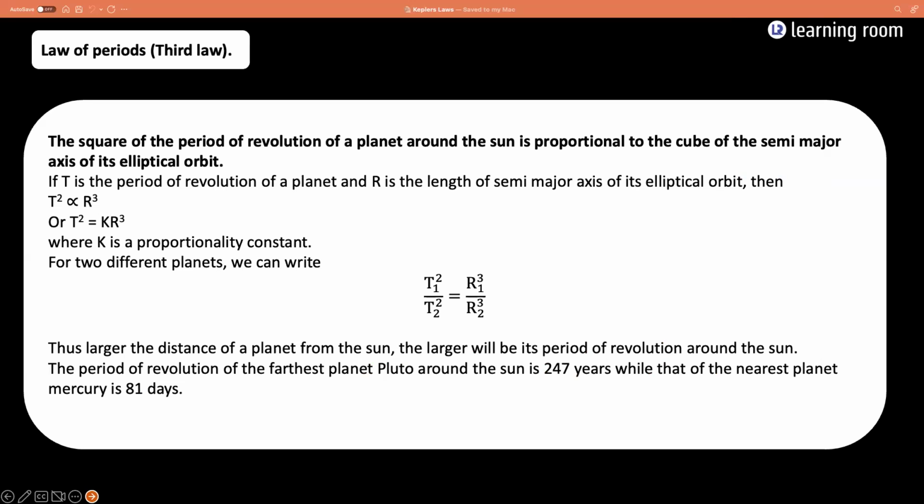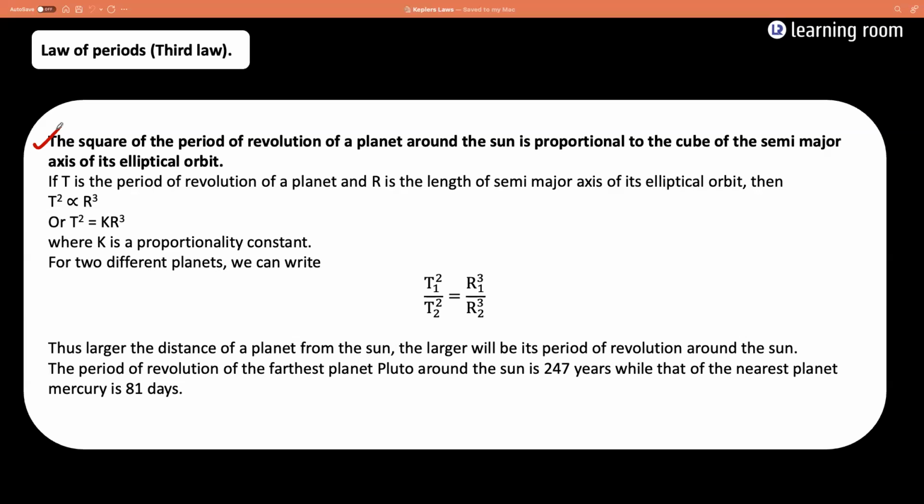That is the third law. It speaks about the time period. Because when a particle is revolving in any closed curved path, it's going to have a time period associated with it. So it states like this.